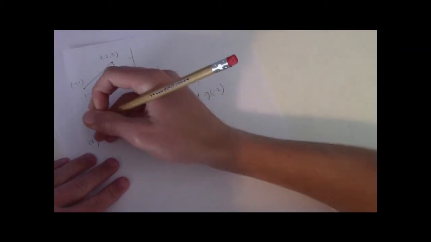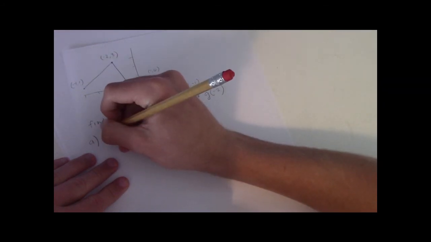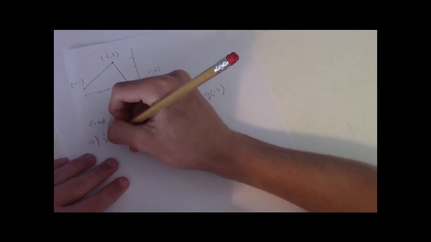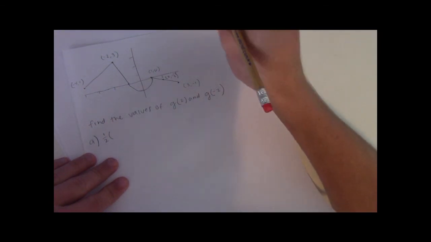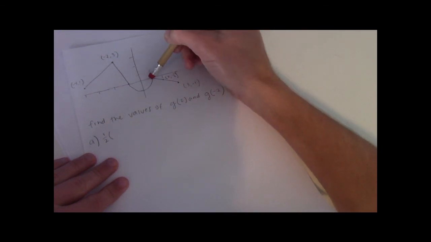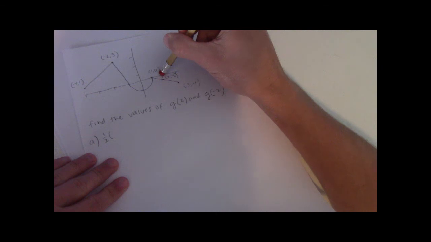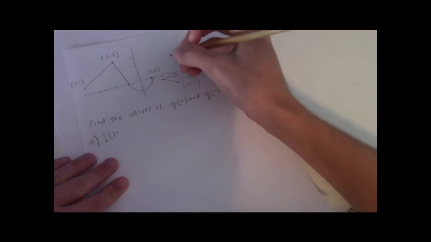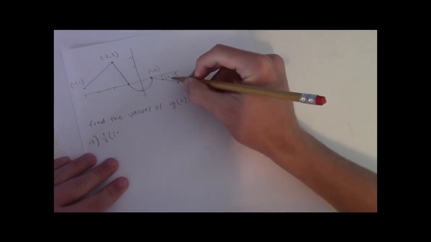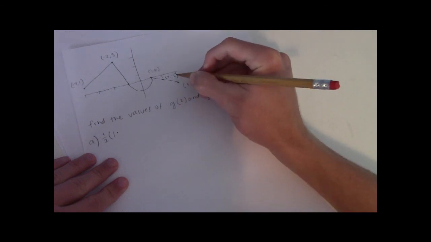So what we're going to do is we're just going to use the formula for the area of a triangle, which is 1/2 base times height. Your base is integrating from 1 to 2, which is a difference of 1. So base of 1 times your height, which we found this point to be 2, -1/2.